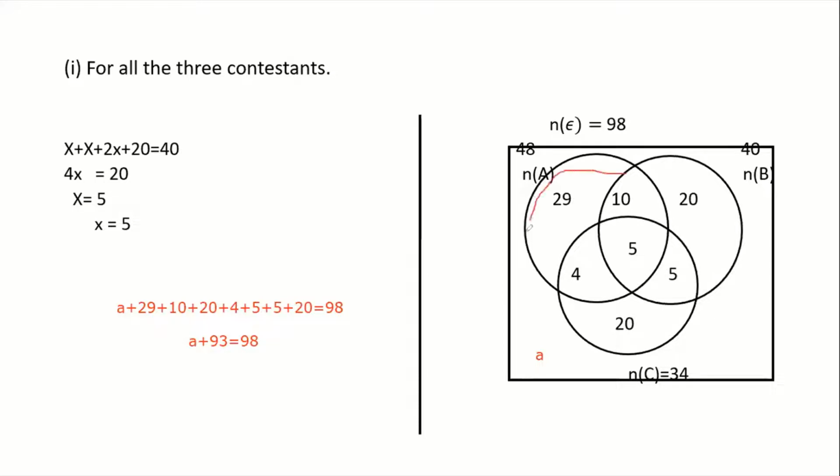This whole set here has 93 people, but they are telling us the number of people in the voting place is 98. So this is telling us that our A is 98 minus 93. So A is equal to 5. It means those who did not vote are equal to 5.